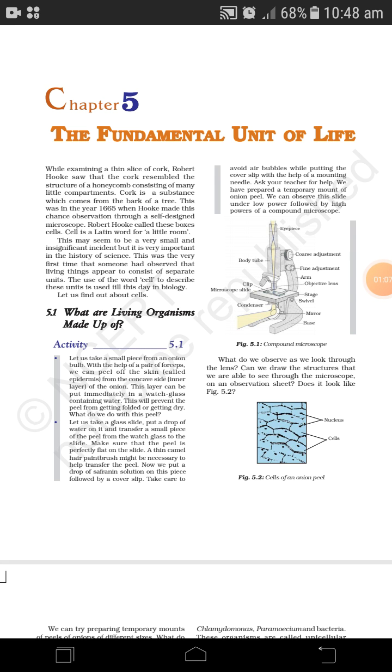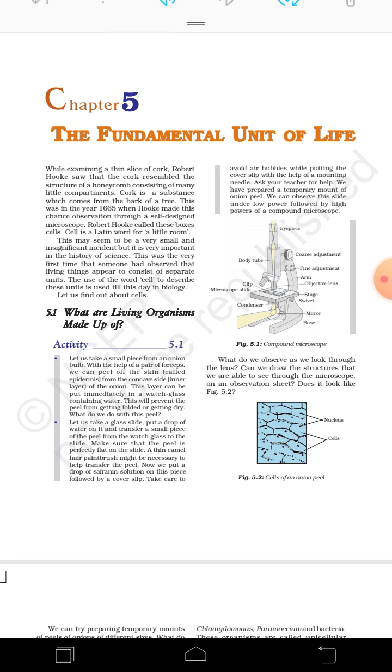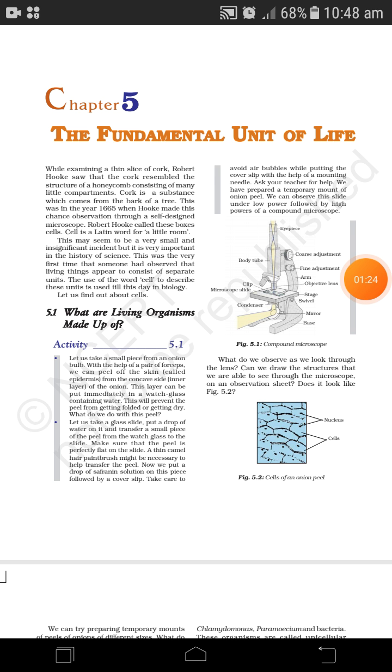It means that a scientist was the first to discover the cell. His name is Robert Hooke. He took the bark from a tree and put that bark under his self-designed microscope.